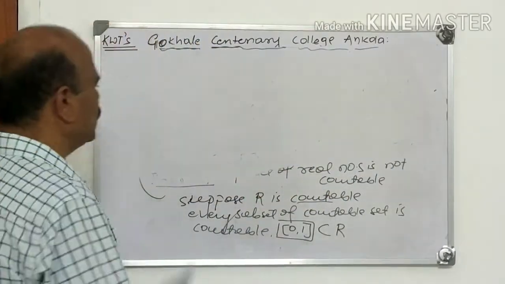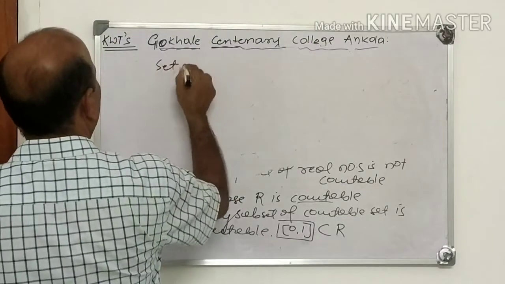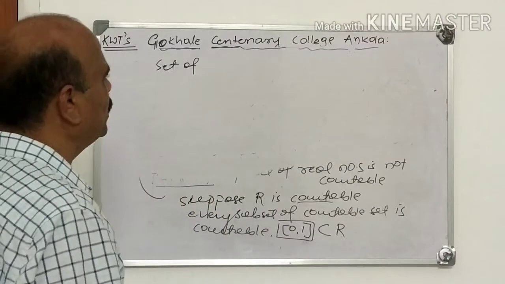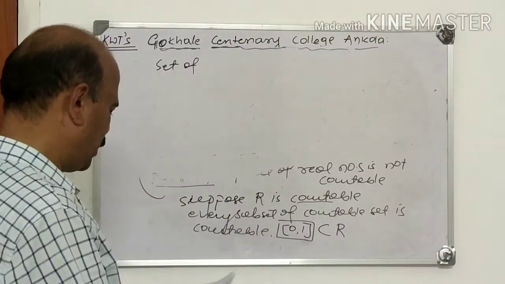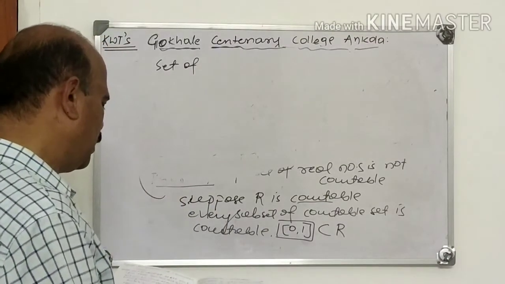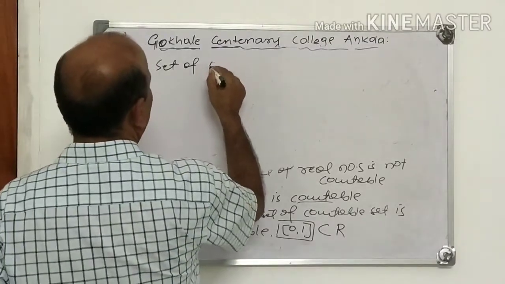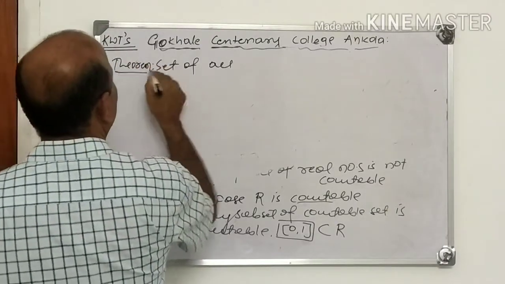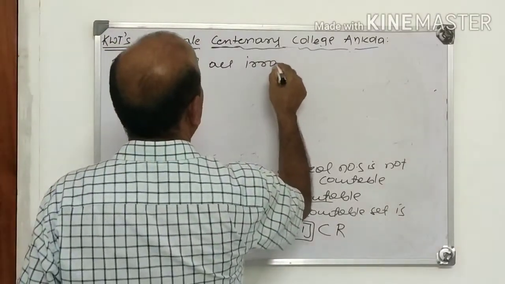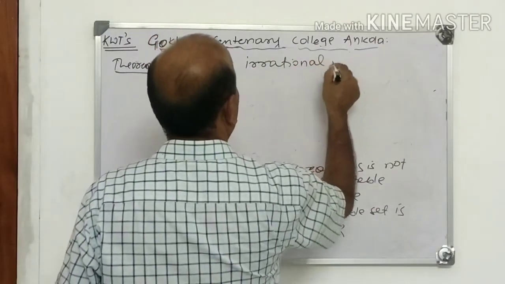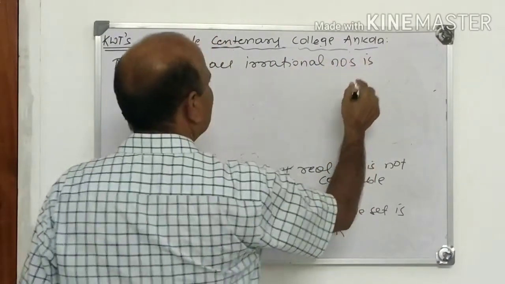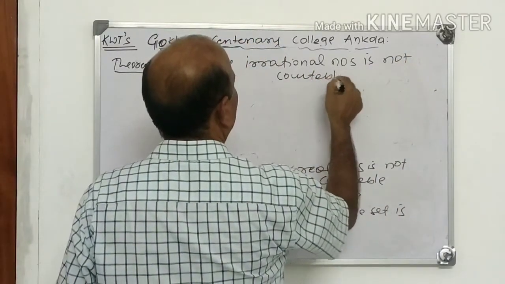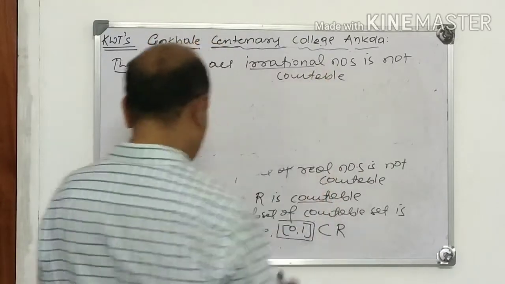Next, what do we want to prove? We have proved that the set of rationals is countable. Let us take this as a theorem: the set of all irrational numbers is not countable.